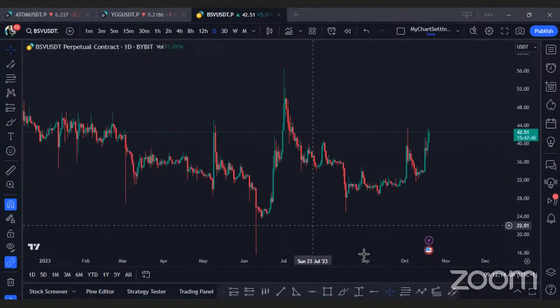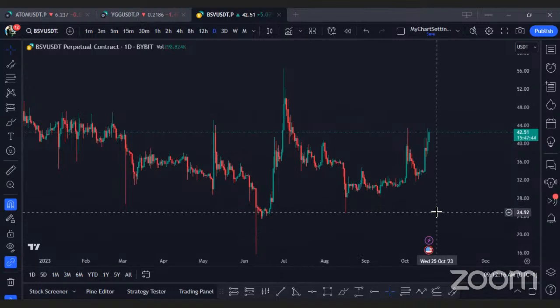Then we should look for a short of BSV at 42 cents, $42.